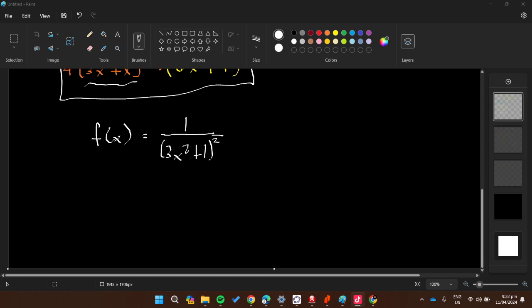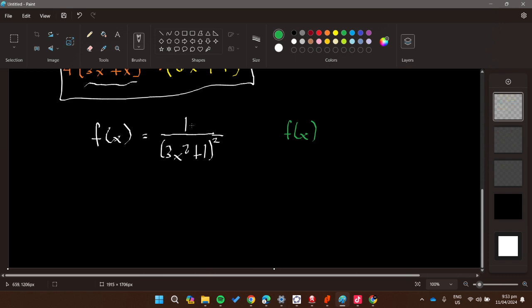Or to give you an option, remember this function, that function can also be written as 3x squared plus 1 raised to negative 2. Alright? Using the rule or property of exponent. Alright? So I'll give you two options. You may use this one or the green one.